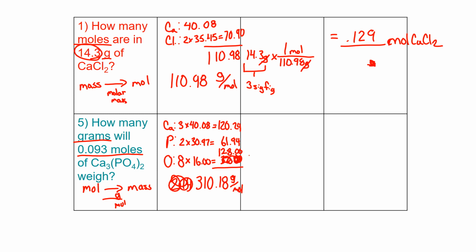So I'm starting off with 0.093 moles. I'm trying to get to grams, so my grams is going to go on top. Mole is going to go on the bottom, so for every 1 mole, 310.18.